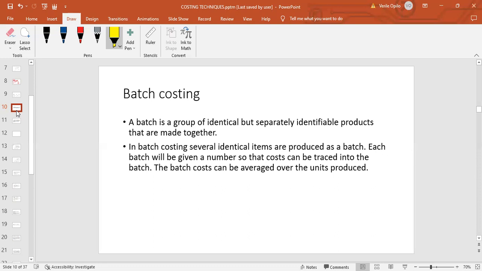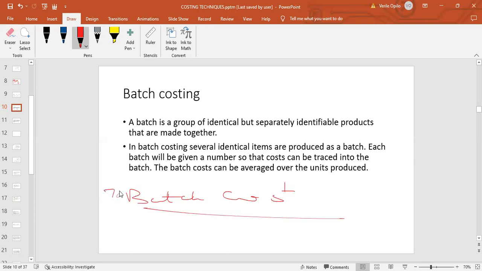And then if we want to know how much the company is incurring per unit, we will average this batch cost over the number of units produced. So the cost per unit will be equal to the total batch cost divided by the number of units in a batch.